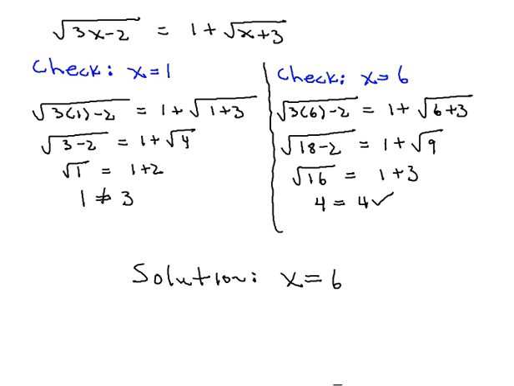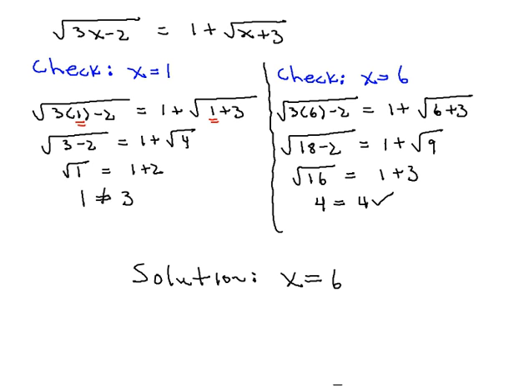Now checking each of the possible solutions back into the original equation, I've written it out ahead of time here to save a bit of time, because I think this process is fairly clear to all of you. And so if we check x equals 1, what I've done is to replace the x with 1 in the original equation.